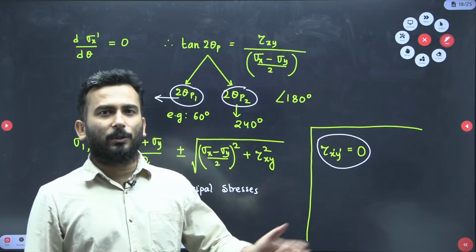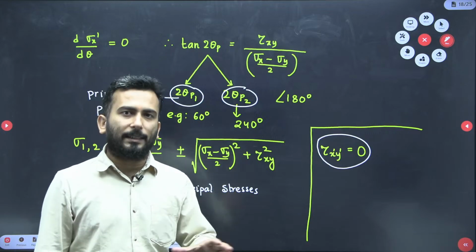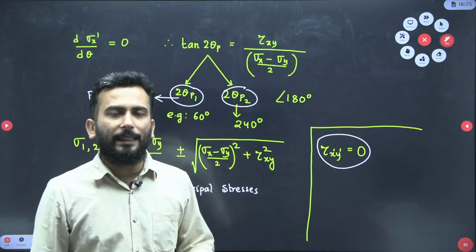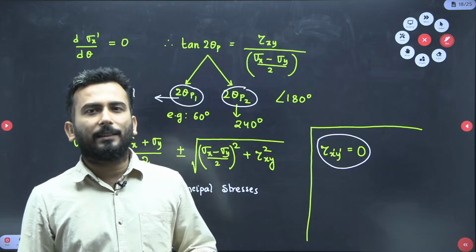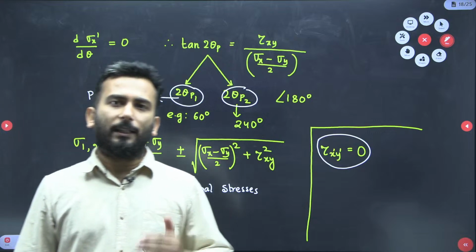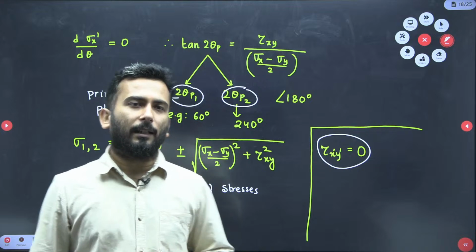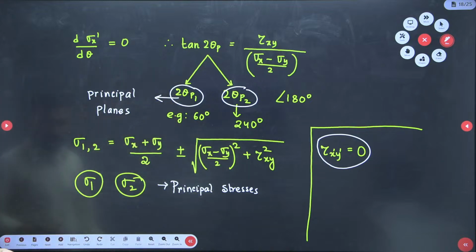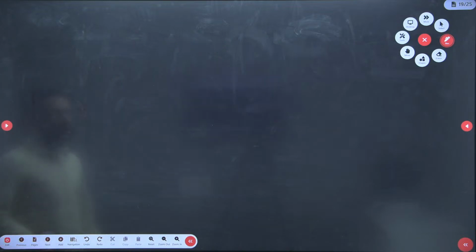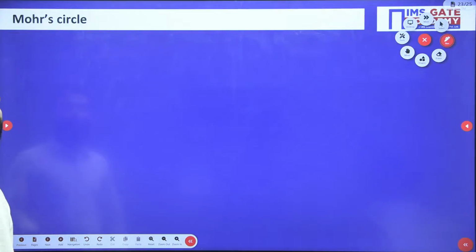But I feel that if you have understood the general way of dealing with stress transformation, then it is just adding floors to your already good concept. You will not face any trouble in understanding it. Okay, so all these things we have discussed, and now let us discuss the concept of Mohr's circle.